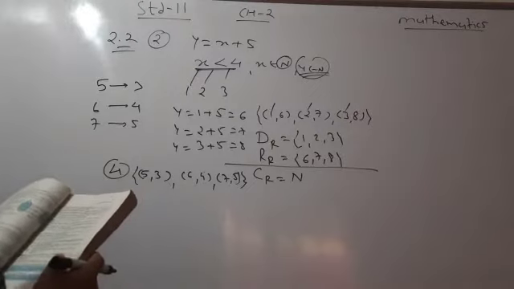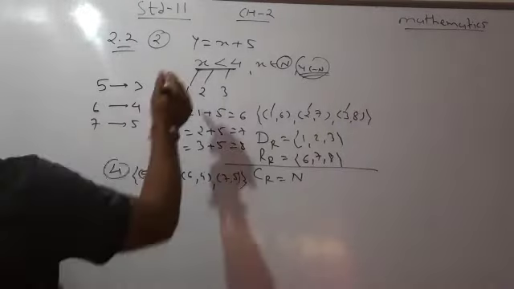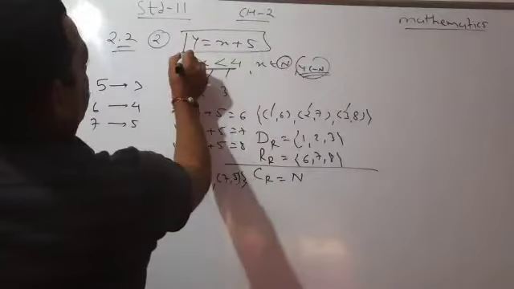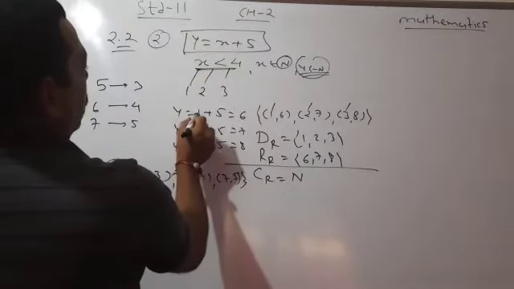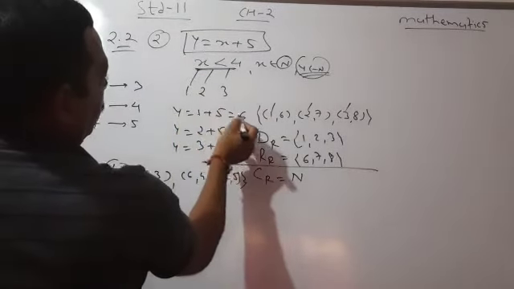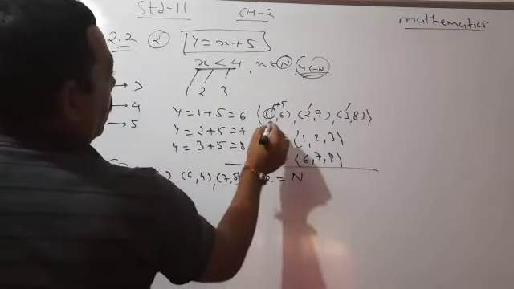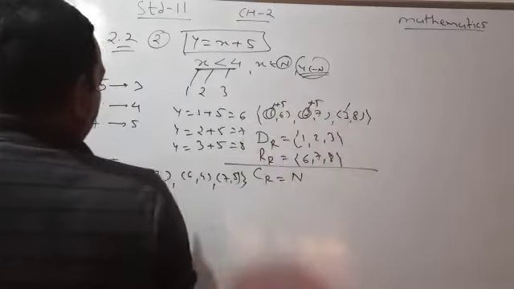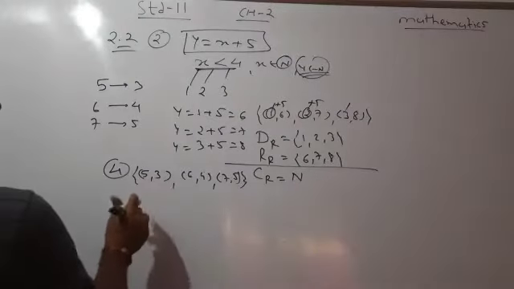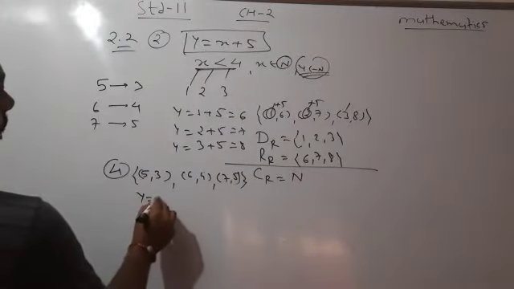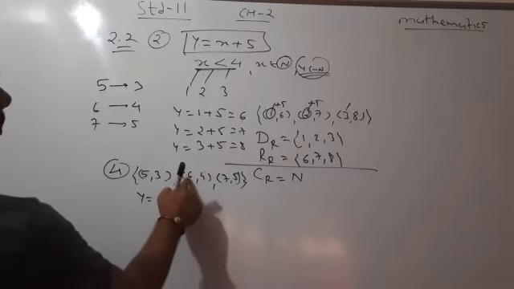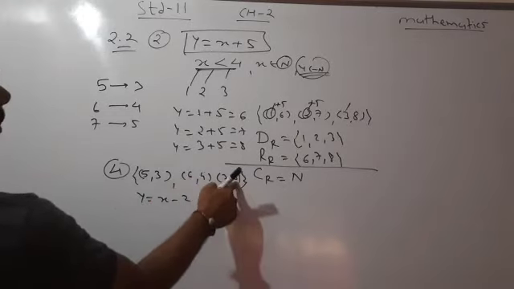Now first of all we have to write the relation. See here: if we consider 1 plus 5, we get 6. So the first number plus 5 gives the second number. Now observe this and tell me about y. y is the number minus 2.